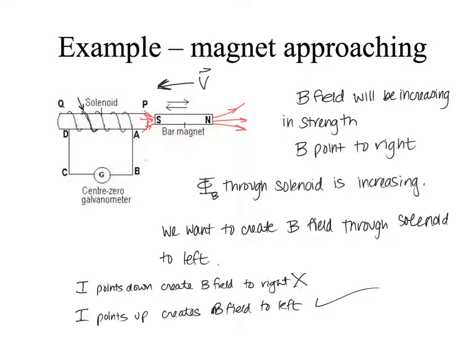And that is what I want. And so what I'm going to find is that the current that's induced is going to go up in these turns, and then that also means it will continue around the circuit in the direction that I've shown with the arrows. All right, so that's one test.